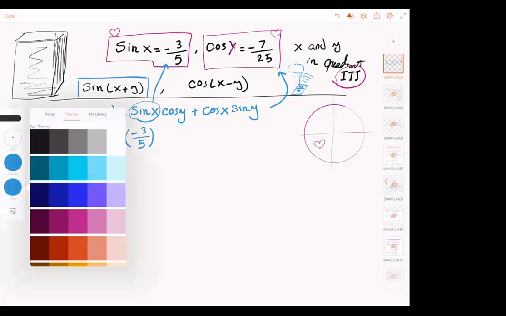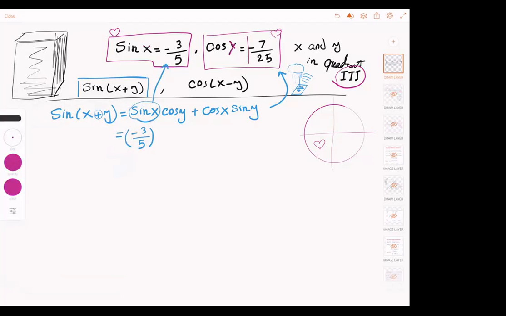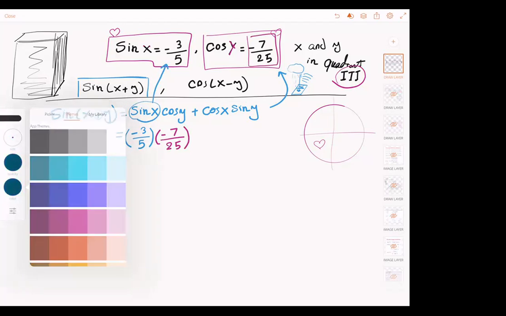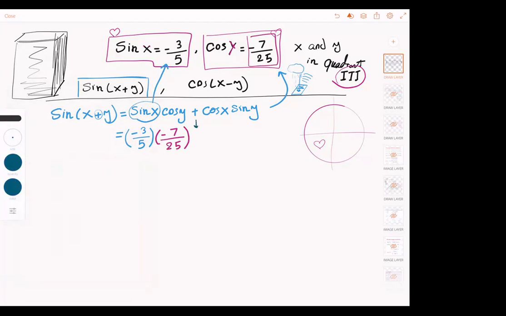Cosine of y we have is right there, -7/25. Plus, what is cosine of x?